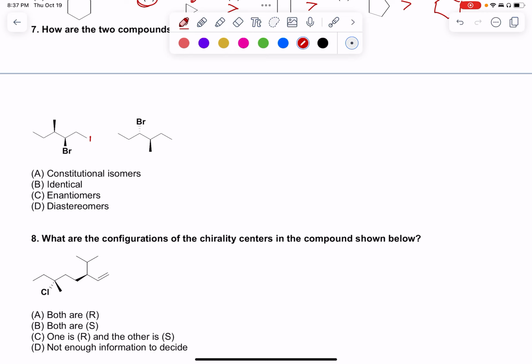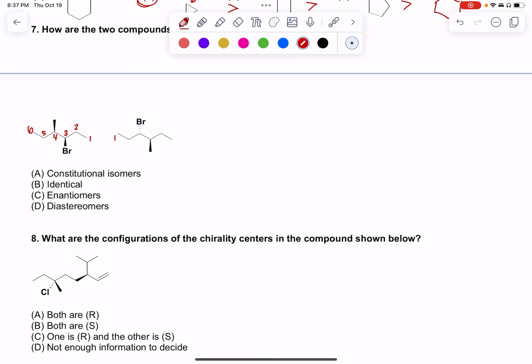And since there's a tie on the numbering, I'm just going to start from here. So 1, 2, 3, 4, 5, 6. However, for this purpose, again, it doesn't matter as long as you number them the same. So don't get confused and number this one like this because that's not right. We are looking to be closer to the bromine. That's where we're going to start.